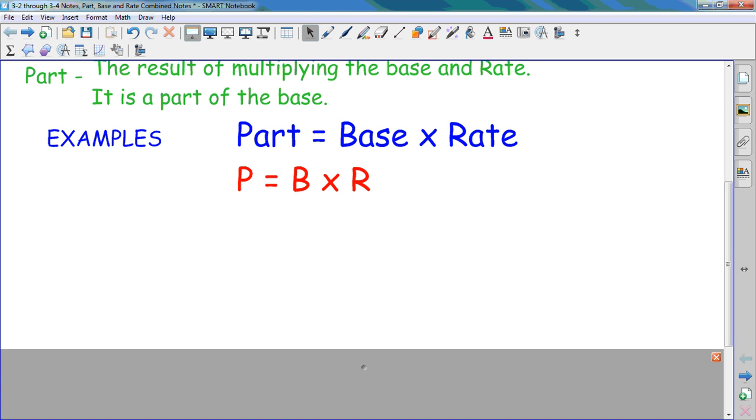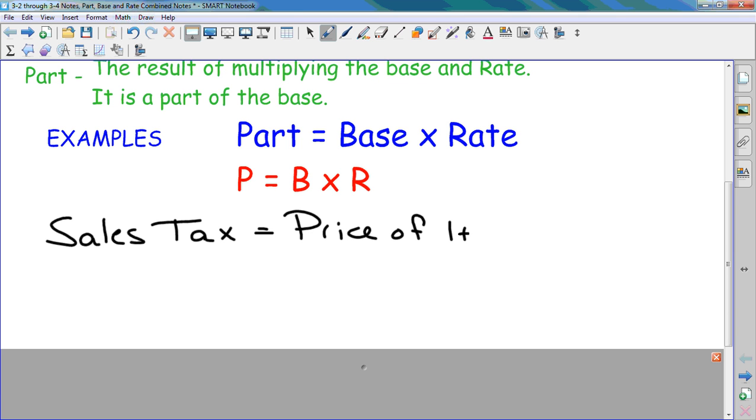Did you ever pay sales tax for something you bought? Absolutely. So how did they figure out how much sales tax you had to pay? They took the total amount of the item, the price of the item, and multiplied by the sales tax rate.